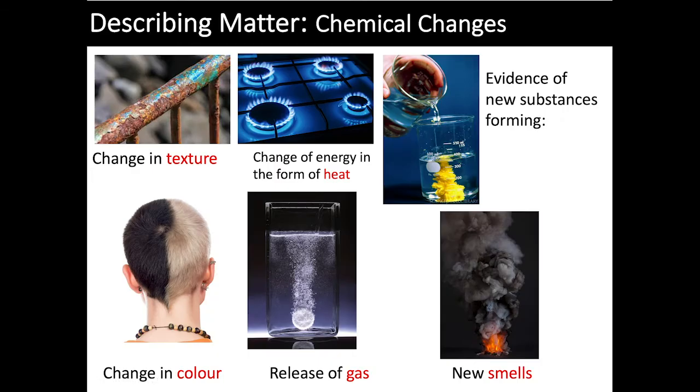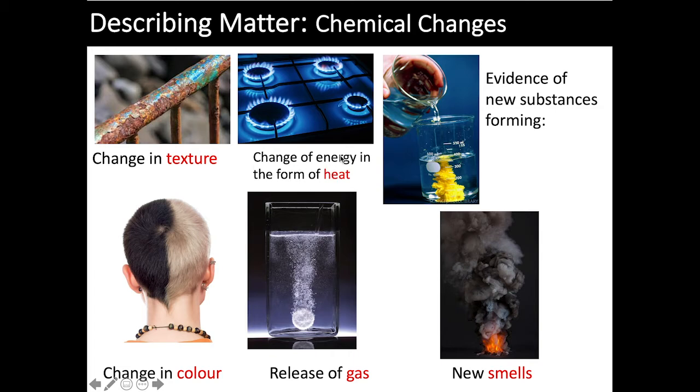When we're describing chemical changes, these are some good giveaways that a chemical change has occurred. We might see a change in texture, or a change of energy in the form of heat.